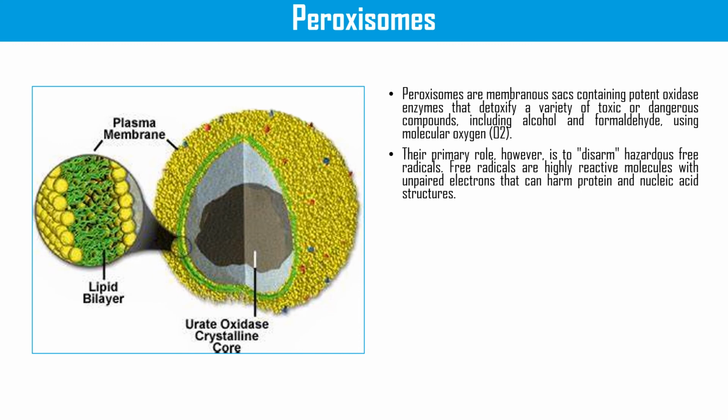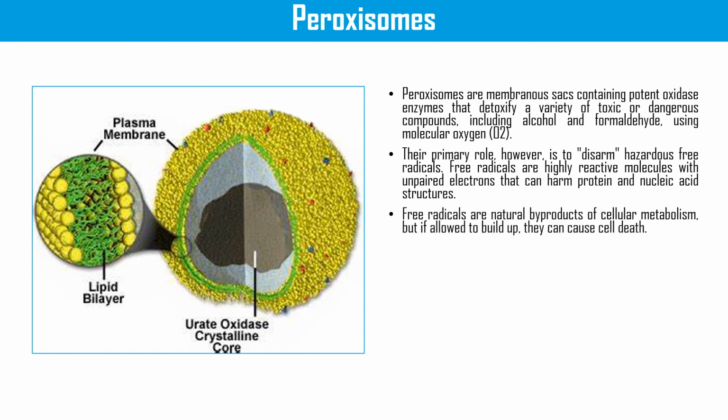Free radicals are highly reactive molecules with unpaired electrons that can harm proteins and nucleic acid structures. Free radicals are natural byproduct of cellular metabolism, but if allowed to build up, they can cause cell death.